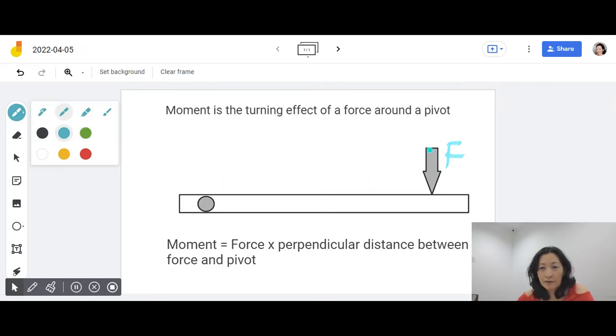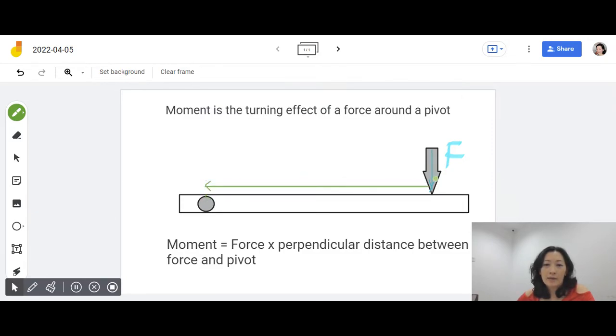Let's say the force is applied downwards, the perpendicular distance from the pivot, usually center to center, is the distance between the pivot and the force. The force and this distance must be perpendicular. This is the distance you calculate.